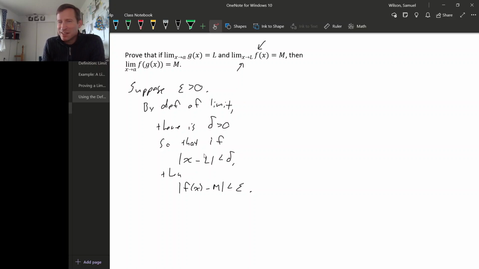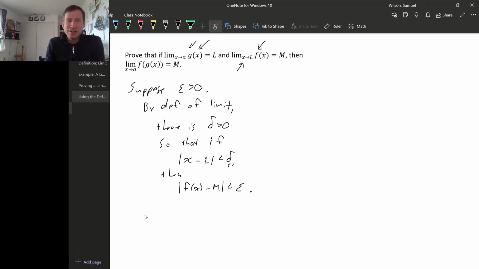Now delta is sort of getting us close to L, but because the limit of g is L, getting close to L is like getting close to the limiting value for g. So we can use this delta as it's sort of playing the role of epsilon for this limit.